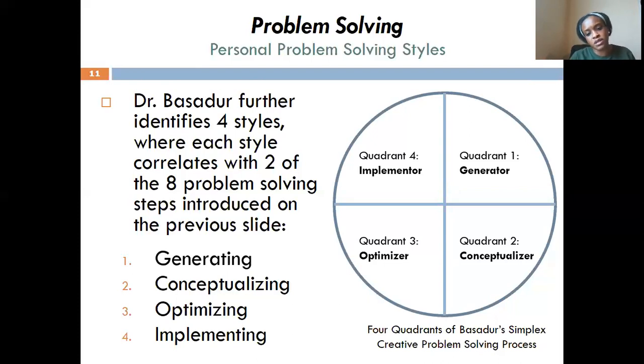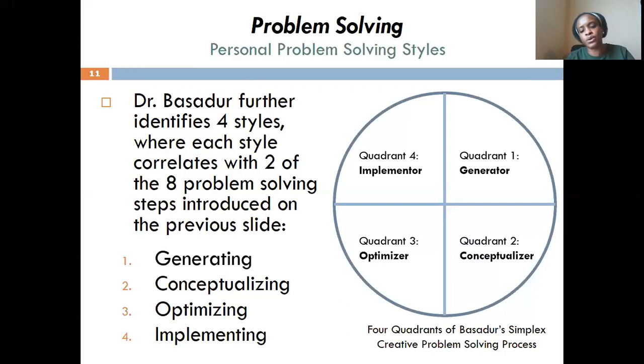Then from the conceptualizer, we move on to the optimizer. And now remember, the optimizer falls under the convergent process. The convergent process, we need to start whittling down the thousands of ideas to just one particular idea that we would like to implement. And so the optimizer is very practical.